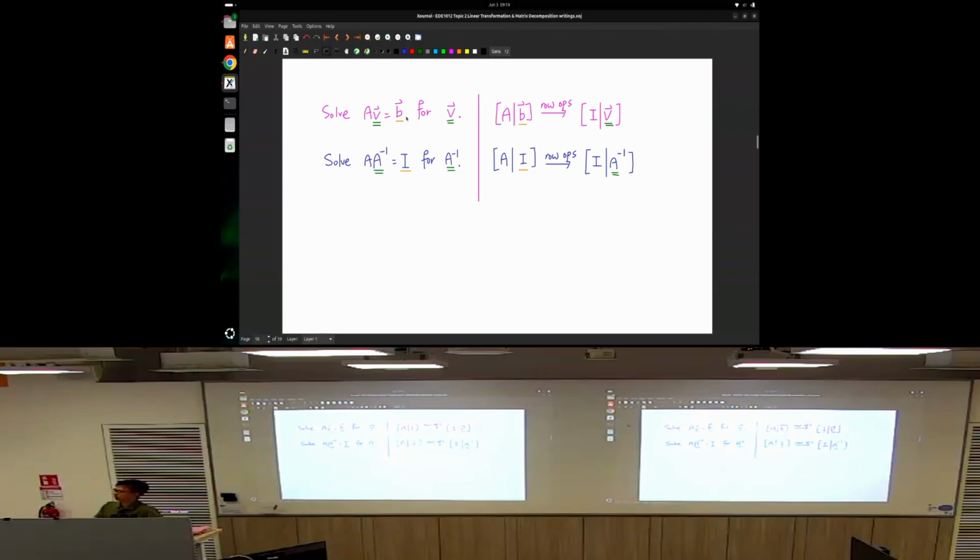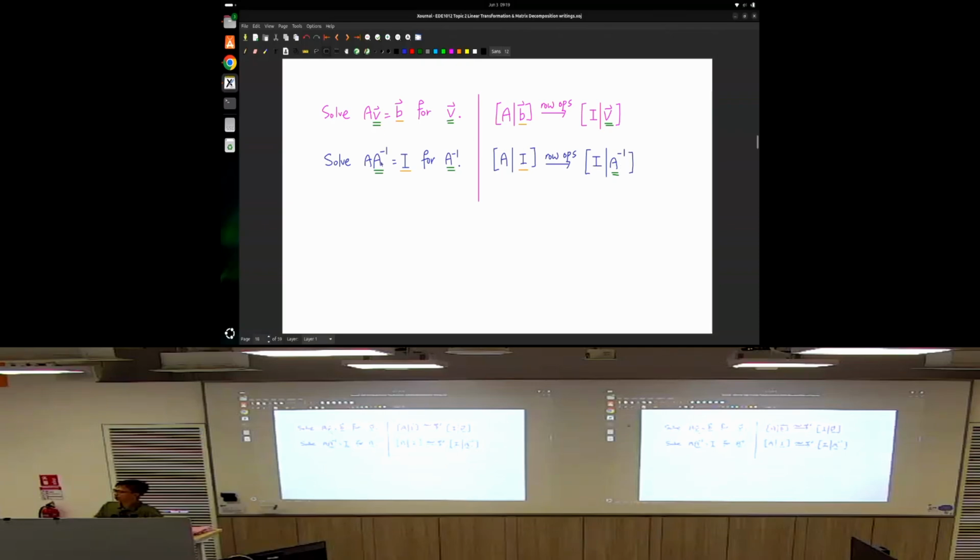If you compare the positions of the equations that you are trying to solve, now you're trying to solve A times A inverse equals I. So what happens is that the first and the third element are in the same order. So you have A and I, right? If you perform row ops, you are going to get I and A inverse.